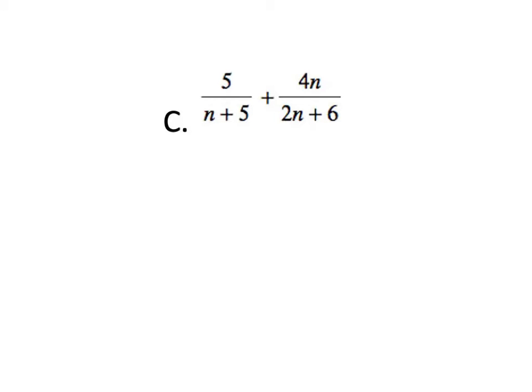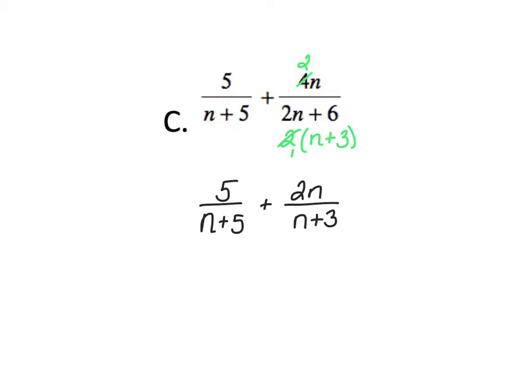In the next expression, I'm going to begin by factoring the denominator. This would be 2 times n plus 3. And before I even find my least common denominator, I notice that I can reduce this 4 and this 2. They're factors, not terms. This would reduce to a 1, and this would be a 2. So I actually have 5 over n plus 5 plus 2n over n plus 3.